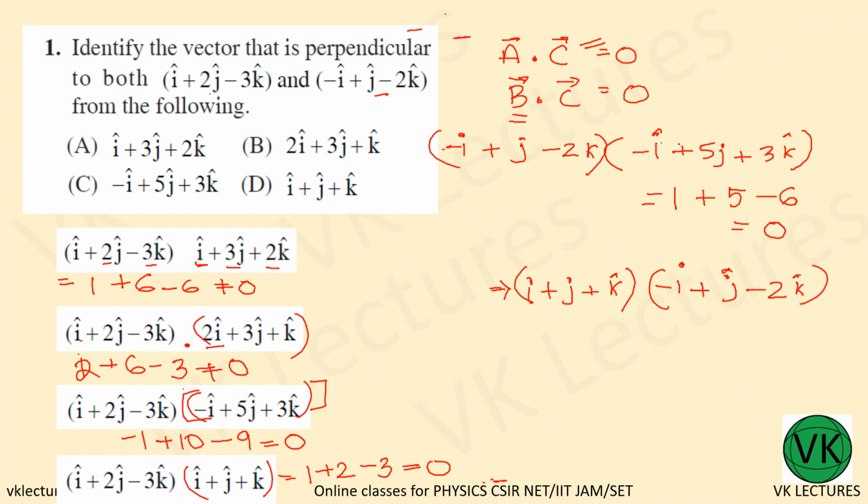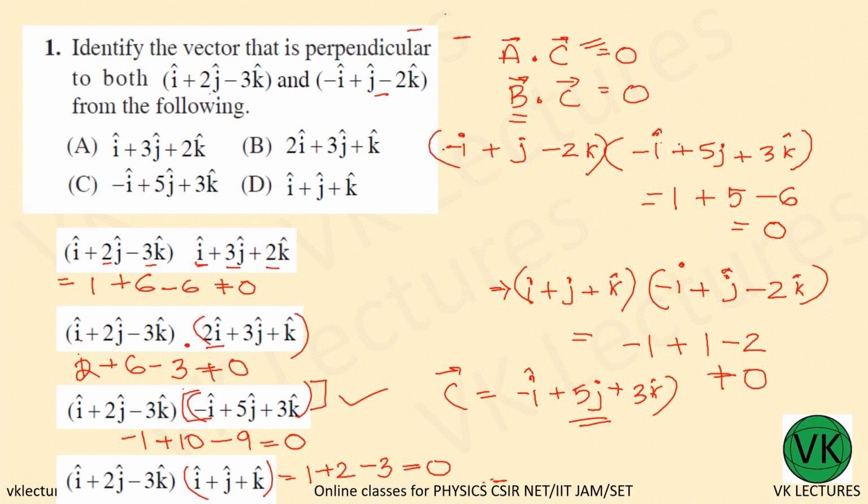So what is the dot product giving you? Minus 1 plus 1, and here you have minus 2, which is not equal to 0. So your option is option C, and the vector C is equal to -i + 5j + 3k. So this is the required answer.